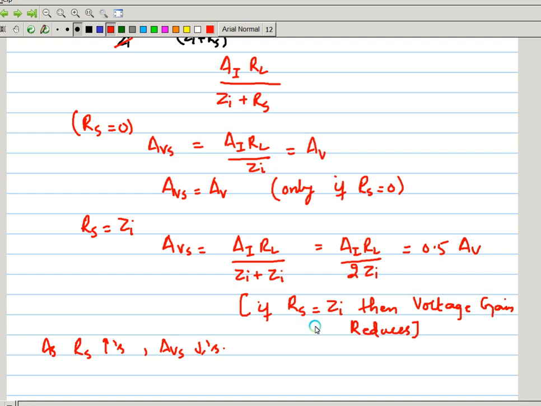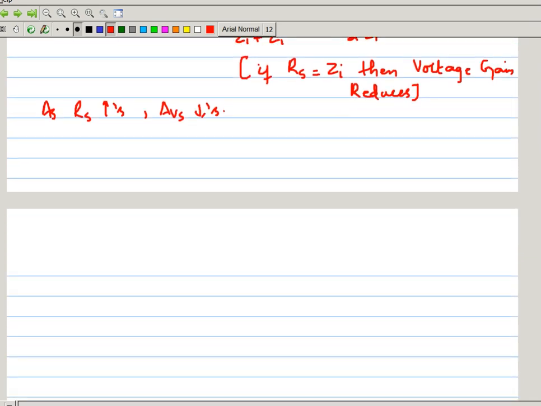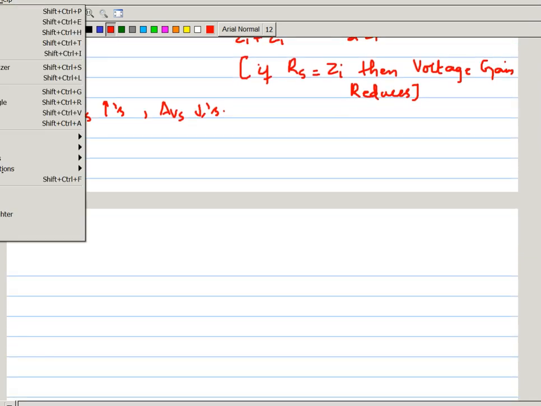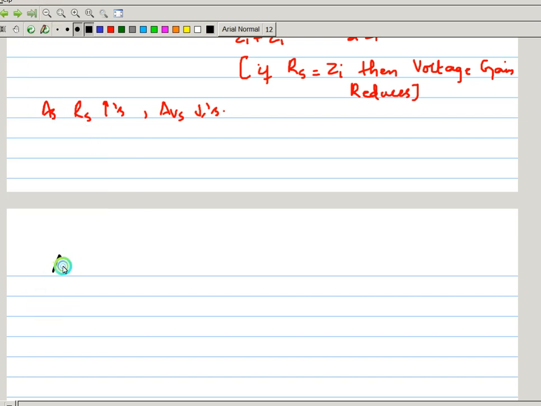Alright. So this is our voltage gain, the internal voltage gain, as well as the voltage gain taking into account the input voltage source. Now using the same method, let us find the current gain, AIS.